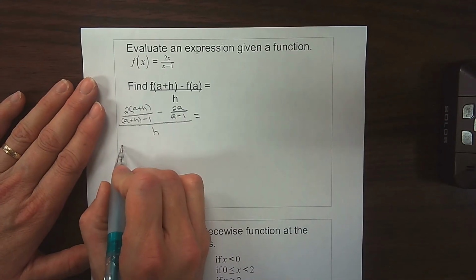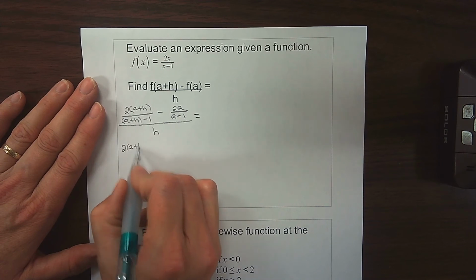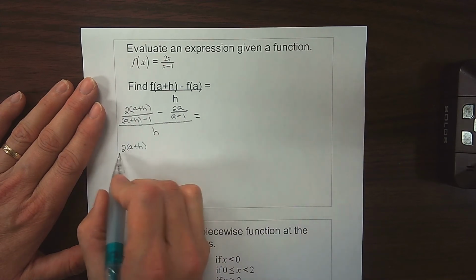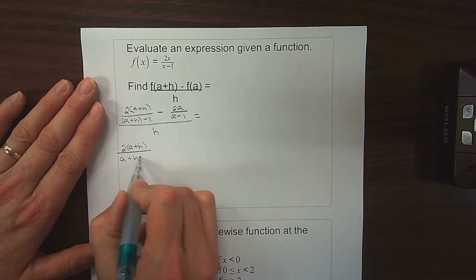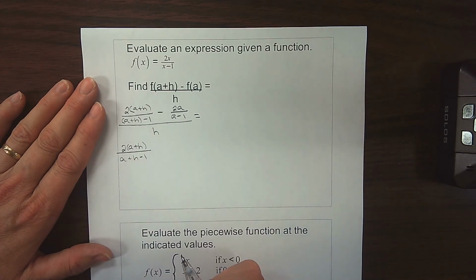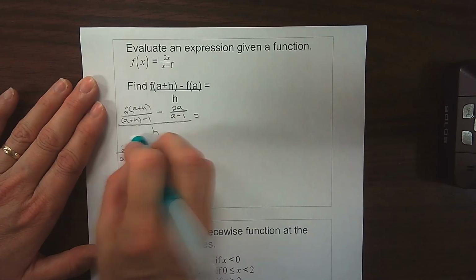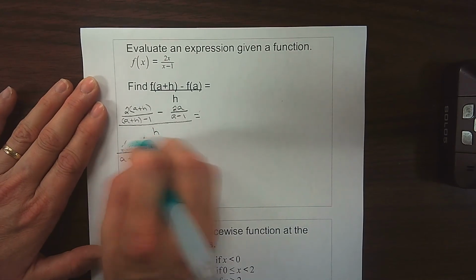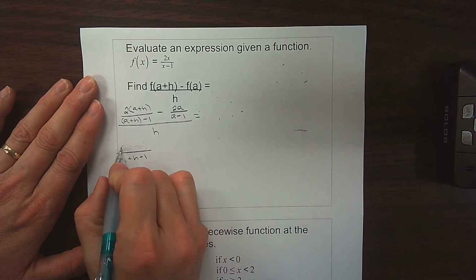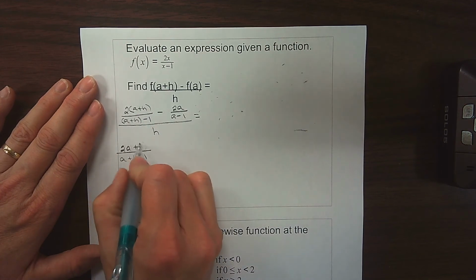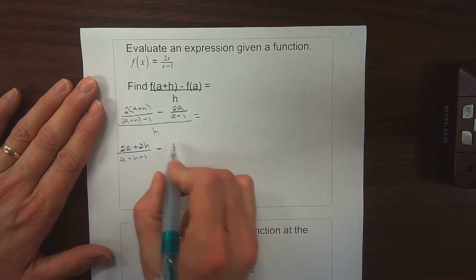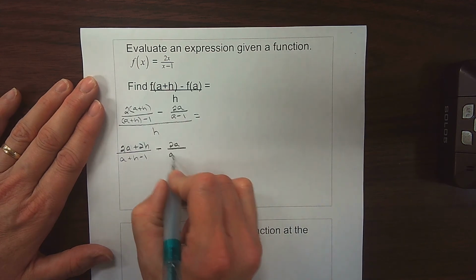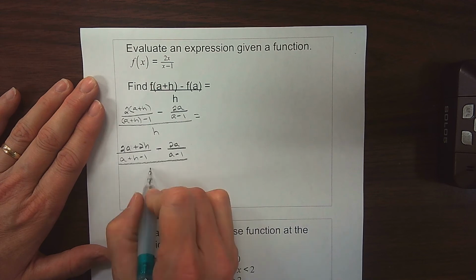Well, up top here I've got 2 times (a plus h) over a plus h minus 1. Maybe I'd like to distribute here. Let me go back and distribute. There we go. All right. And the rest I'm just rewriting.